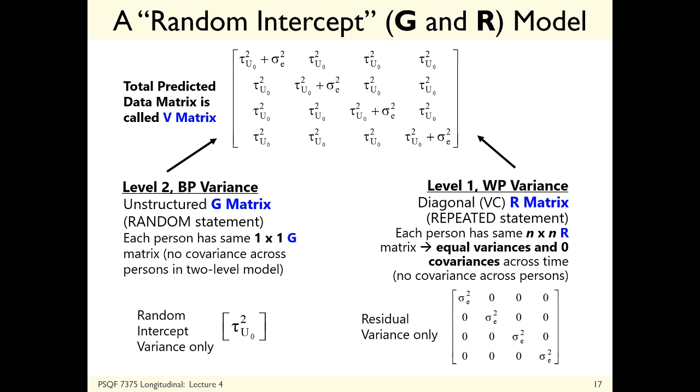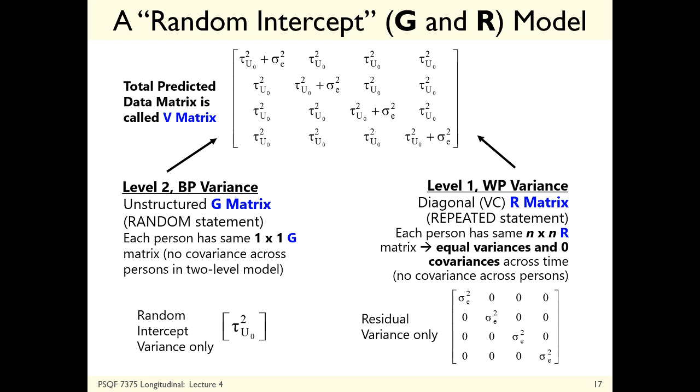VC means variance components. It's the same assumption that we have in regression of independence and constant variance. So what this is saying is that after we take out the reason for the covariance according to this model, which is random intercept variance, what's left, the E's, has constant variance across time with no covariance whatsoever.